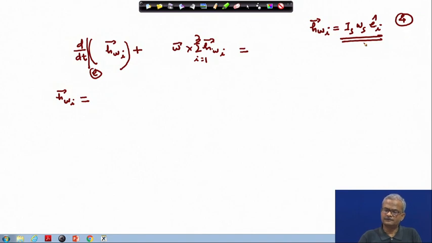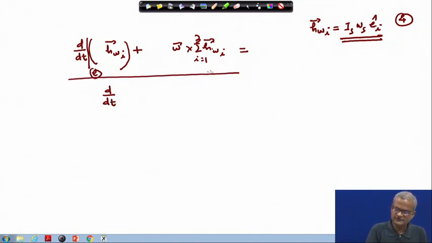This is your h w I. Once we differentiate this quantity, we pick up this and expand it.